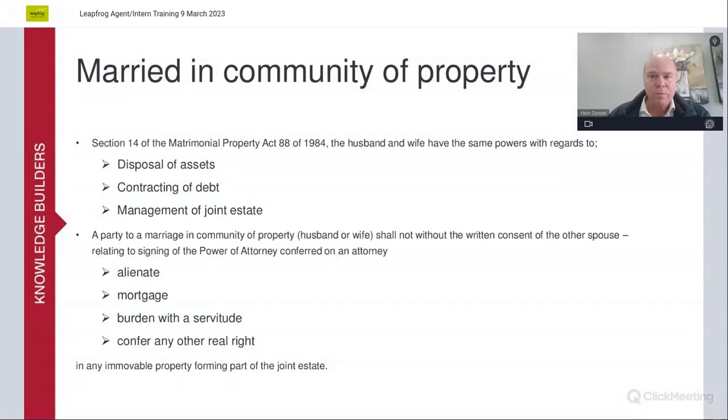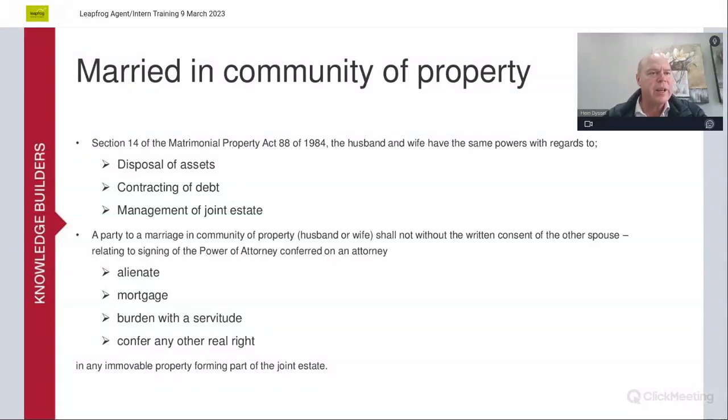So, unfortunately, your spouse will have to sign the documents with you because you are now married in community of property. The day that you got married, automatically your spouse became a half owner in that property. Automatically. There need be no endorsements on the title deed to show that she's now a half share owner. Not at all. It's by operation of law, she's automatically a half share owner and she will have to sign all the documents.